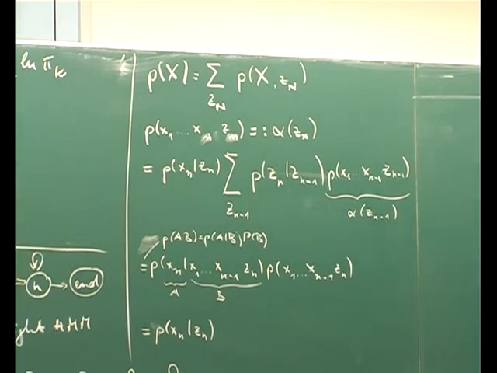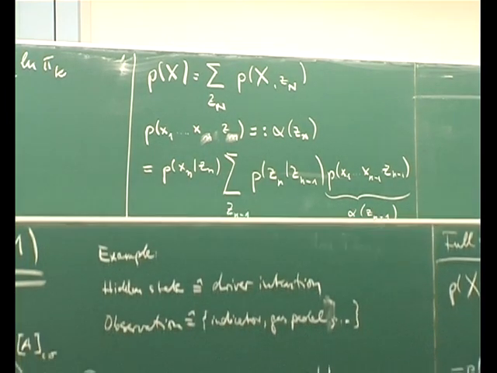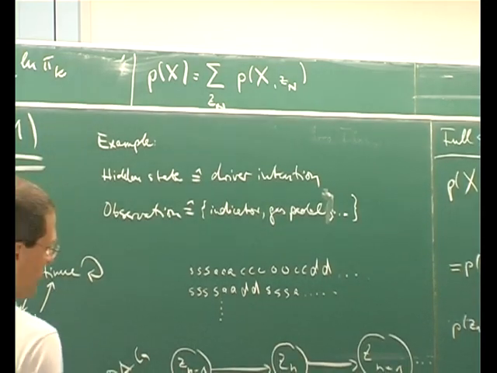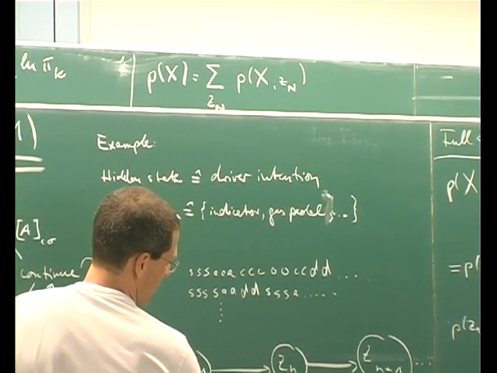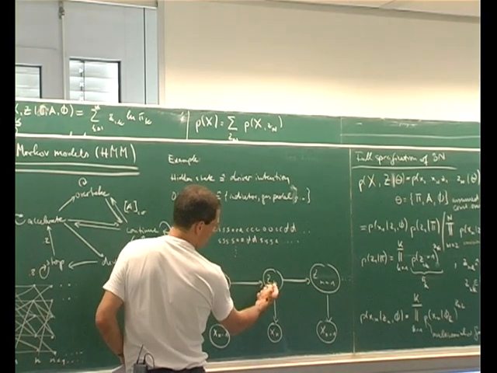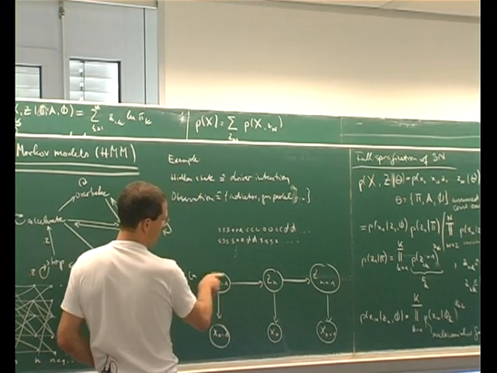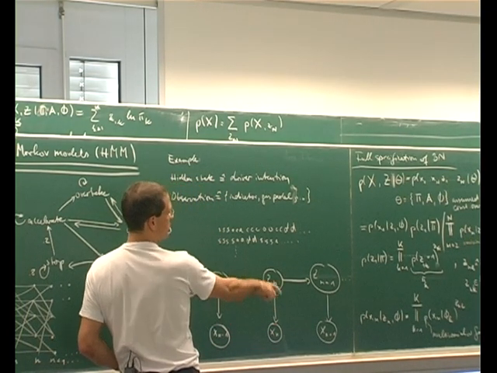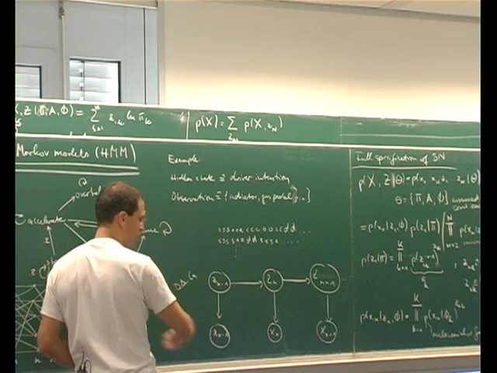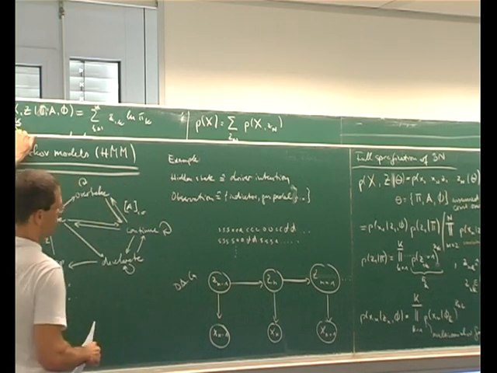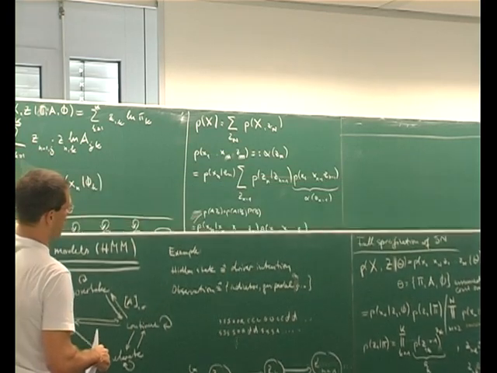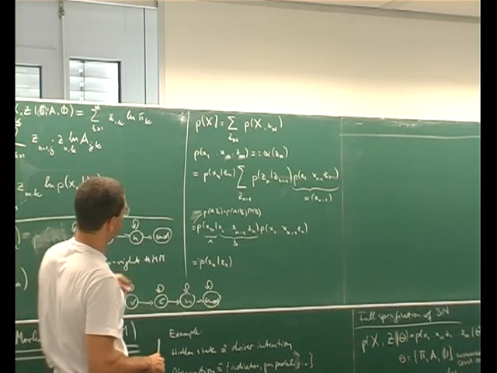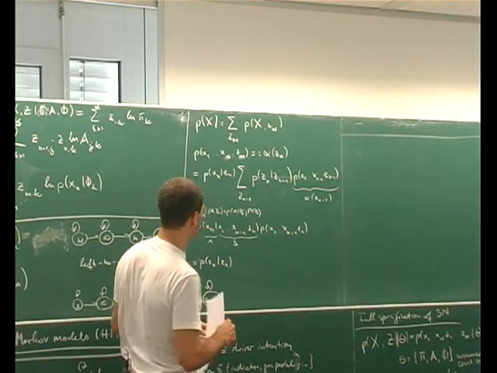So if you remember the discussion about D separation, I'm interested in the distribution of this variable given that, and because this is observed, it blocks this path, so it's D-separated from all the other previous observations. Okay, so this is the first term.